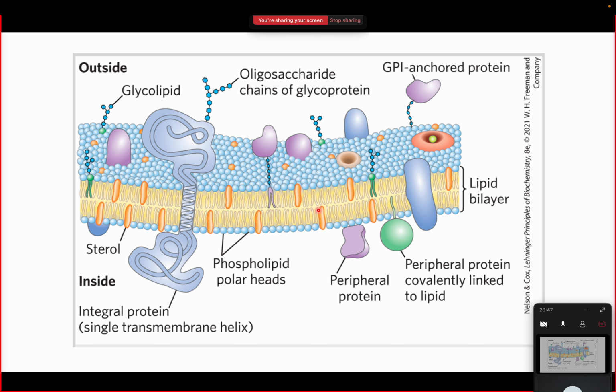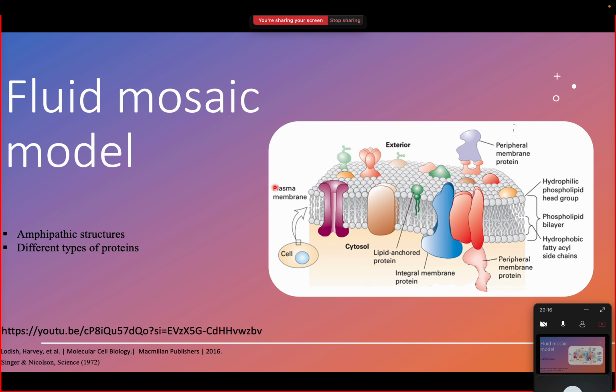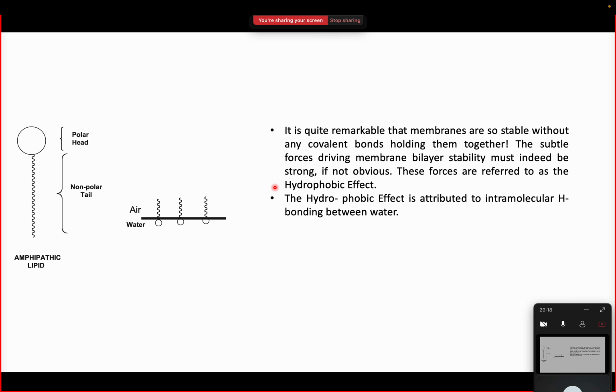On the other hand, these tails are happy in an environment where there is no water, and they are among themselves, and they are stabilized by van der Waals interaction and also the hydrophobic effect. Okay, so this representation is energetically favorable, and hence in making such a huge structure or membrane which can withstand so many proteins and is functionally very dynamic, making this structure stable, all these forces play a major role. Okay.